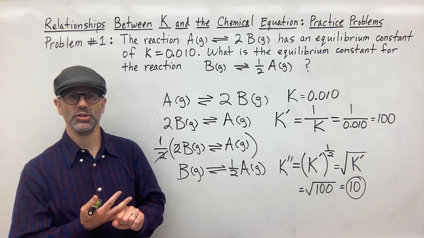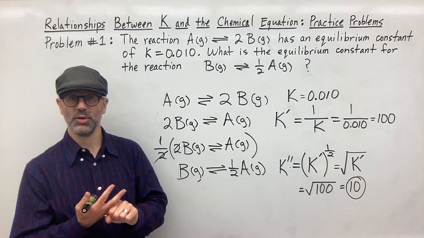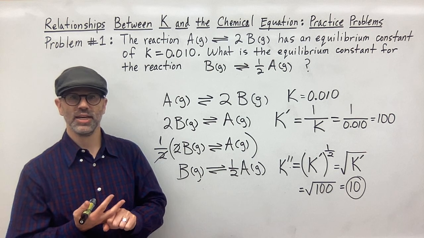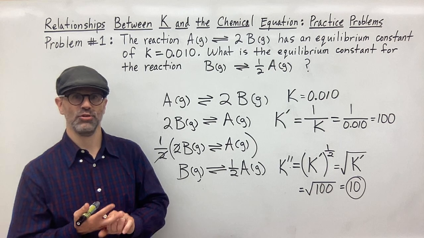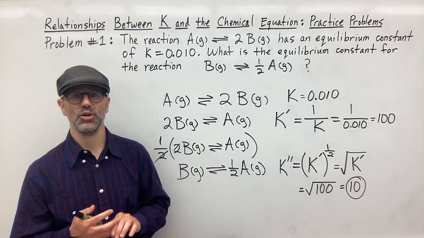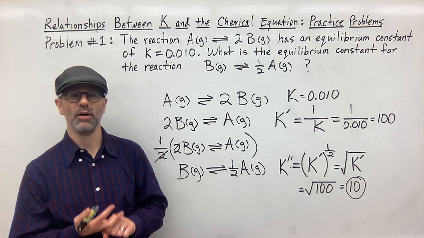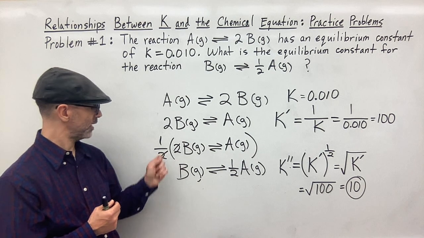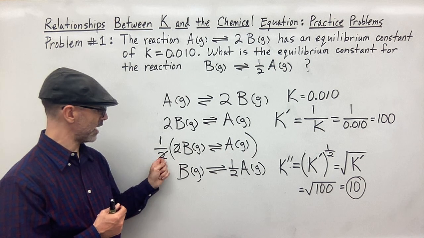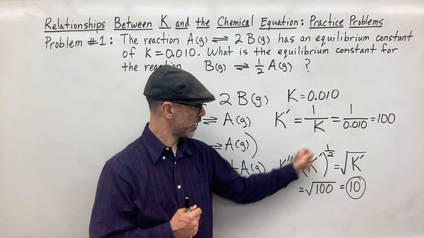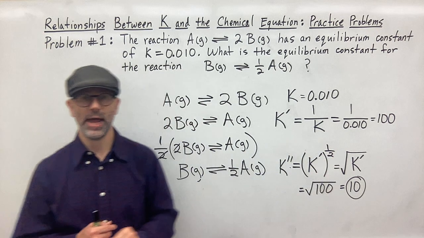Two, if you multiply your equation by a factor, then you take the original K value and raise it to the power of whatever factor you multiply by. In this case, I multiplied by a factor of 1/2, so I had to raise the original K value to a power of 1/2.